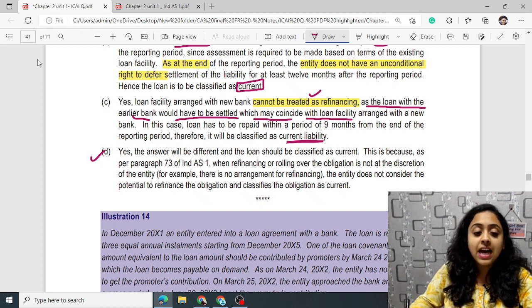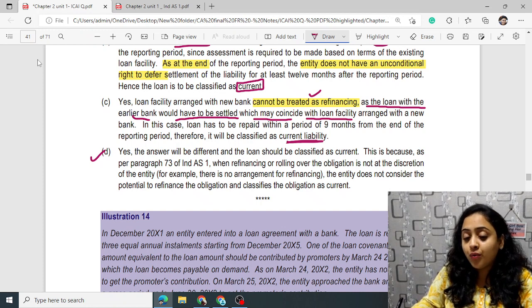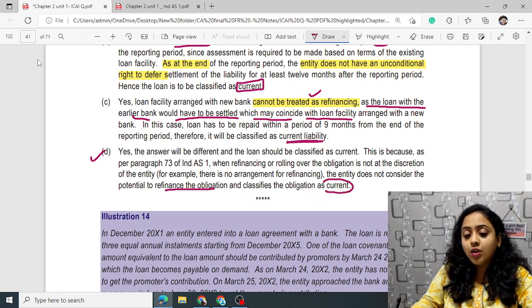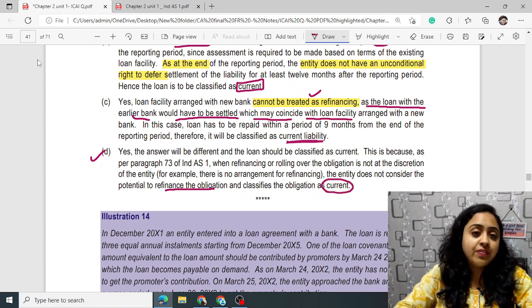This is because as per para 73 of Ind AS 1, when refinancing or rolling over the obligation is not at the discretion of the entity, it does not consider the potential to refinance the obligation and classifies the obligation as current. Only potential to refinance does not amount to reclassification.